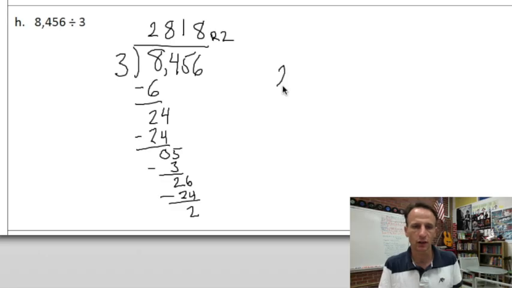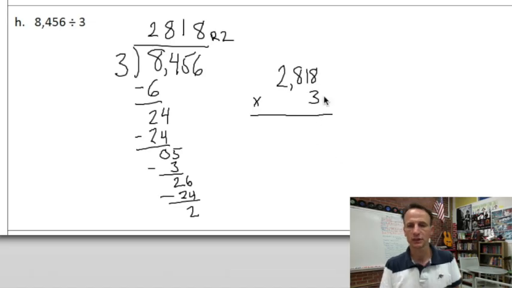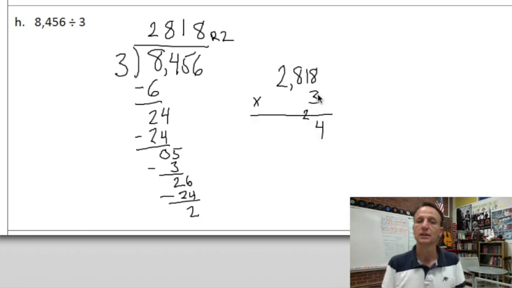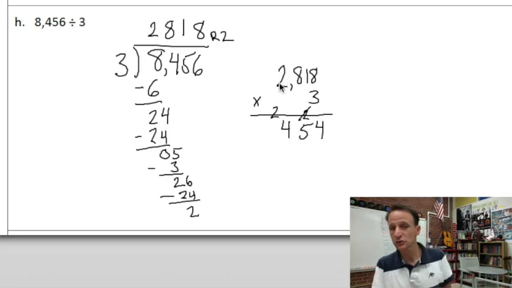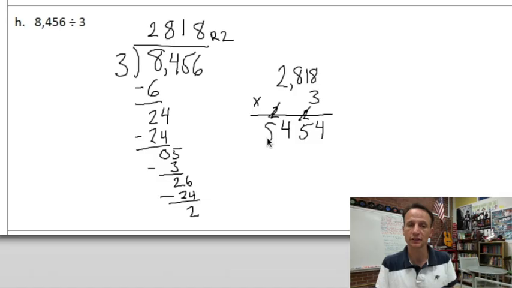We take our quotient of 2,818 and multiply it by our divisor of 3, we should get the dividend we started with. So let's see what happens. 3 times 8 is 24. 3 times 1 is 3, plus 2 is 5. 3 times 8 is still 24. 3 times 2 is 6, plus 2 is 8.